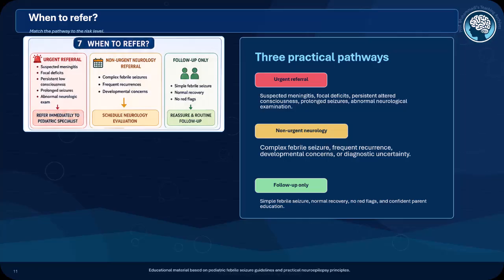For a child with a simple febrile seizure, normal recovery, no red flags, and a normal examination, follow-up and parent education are usually sufficient. This structured approach helps clinicians avoid two extremes: referring every child unnecessarily, or missing the child who truly needs urgent specialist assessment.